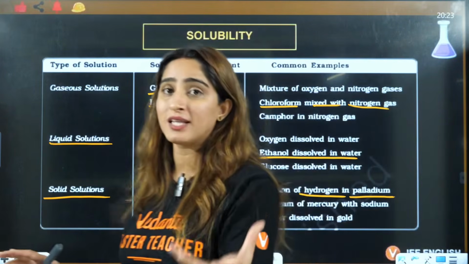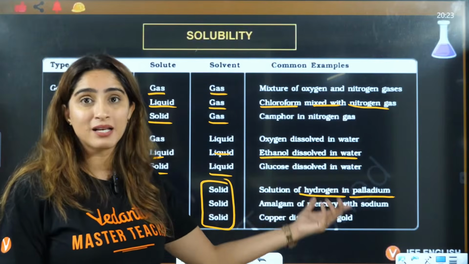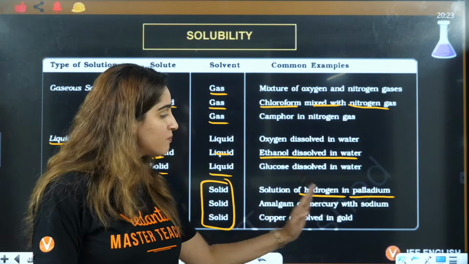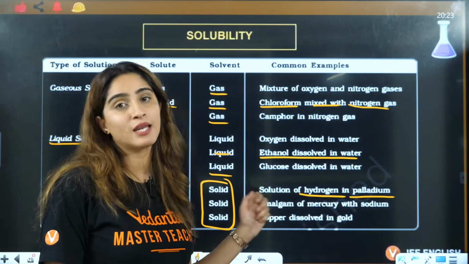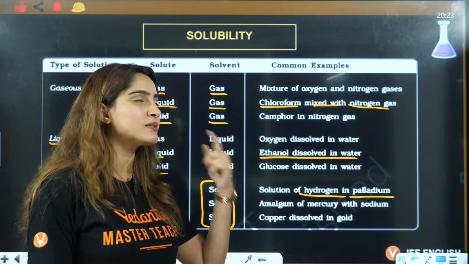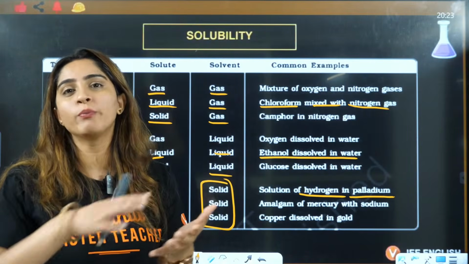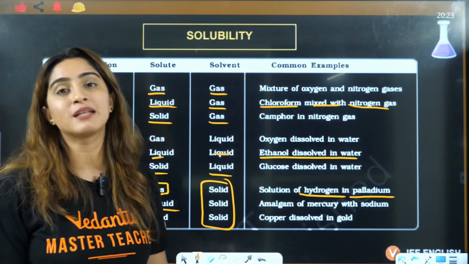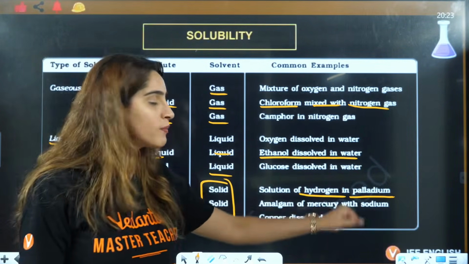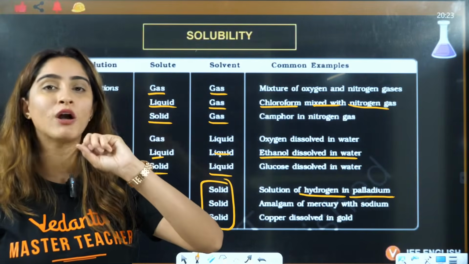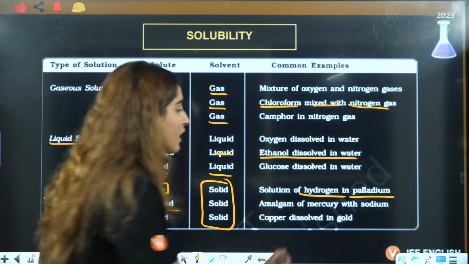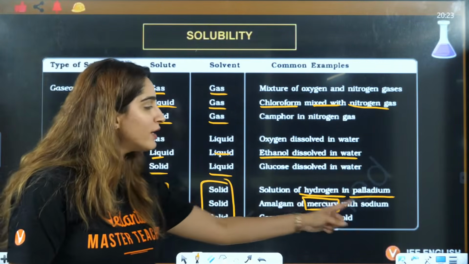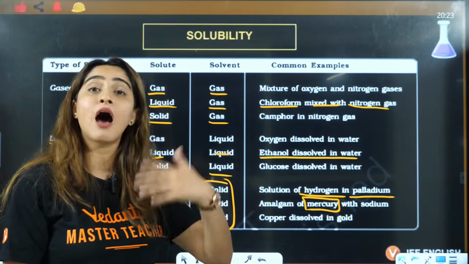Not exactly; amalgam is when you mix anything with mercury. I told you the opposite earlier. When you mix anything with mercury, that is amalgam, like sodium amalgam, zinc amalgam. This is called amalgam. So mercury is the liquid in very small quantity, and the solid, sodium or zinc, is in high quantity.